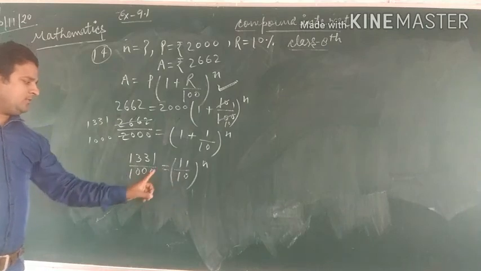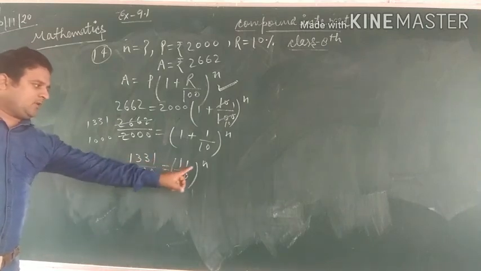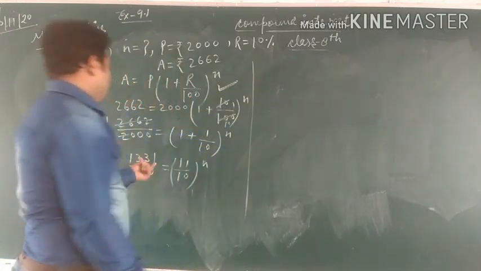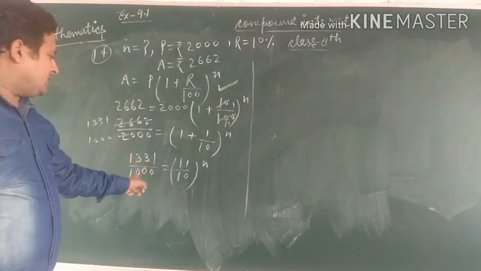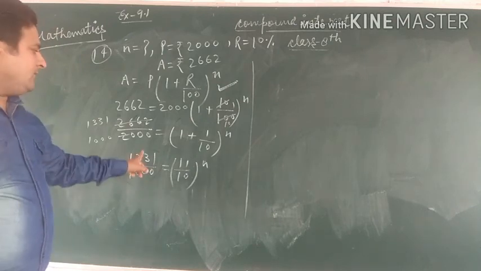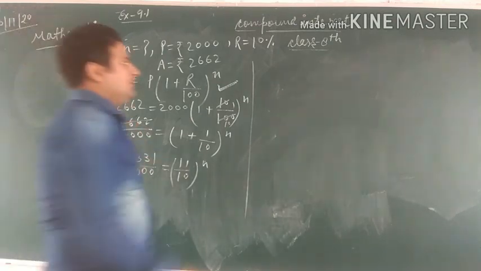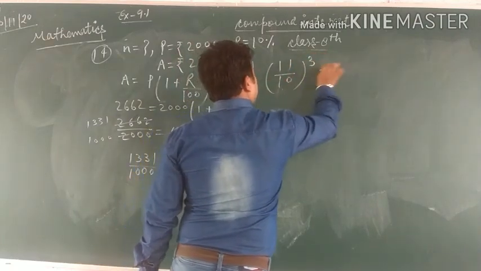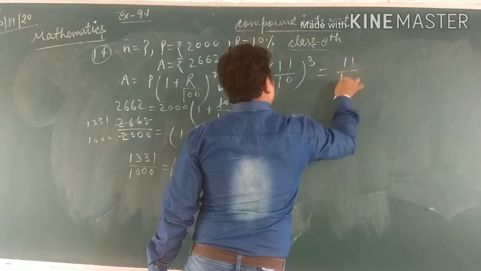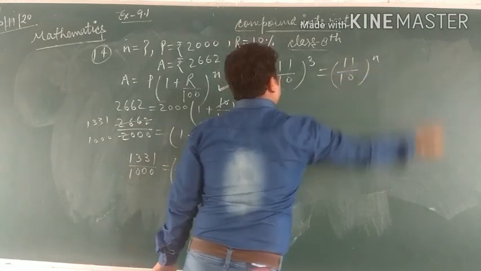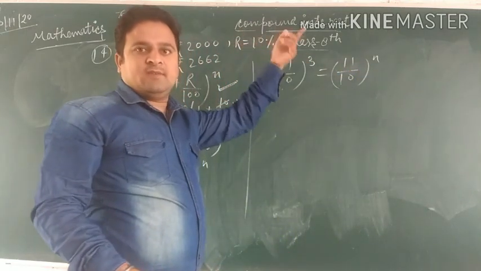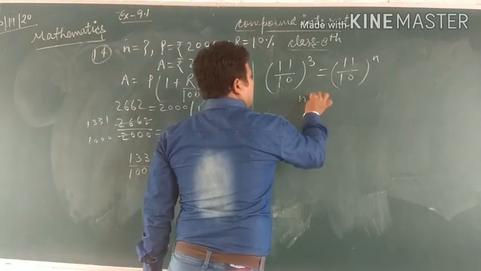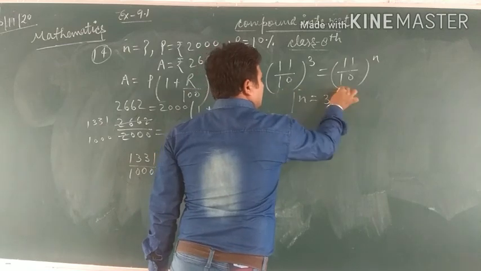Means we have to convert this term in the form of 11 upon 10. So you know 1000 is the cube of 10 and 1331 is the cube of 11. So you will write like this: 11 upon 10 to the power 3 equals 11 upon 10 to the power n. Power is the same, so they will cancel out. So here it is remaining, n equal to 3.